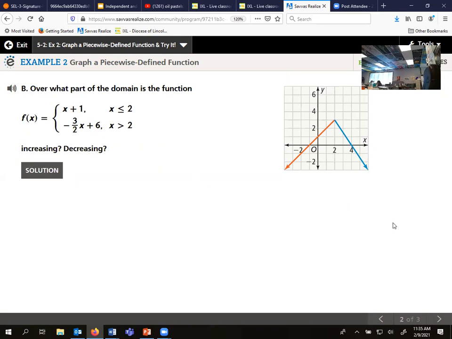Where is the function increasing? Where does it seem to be getting bigger? Where does the line seem to be increasing? Austin? Which part of the graph? At the point where it makes the middle. The vertex? Yeah. So it's only increasing right here, you say? That's the only spot that is increasing? No? Okay, where else might it be increasing?